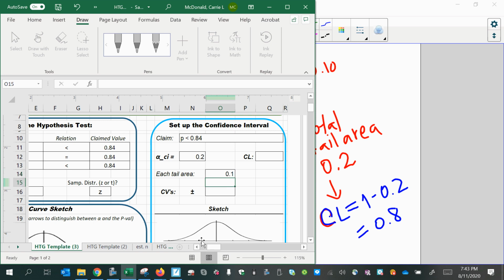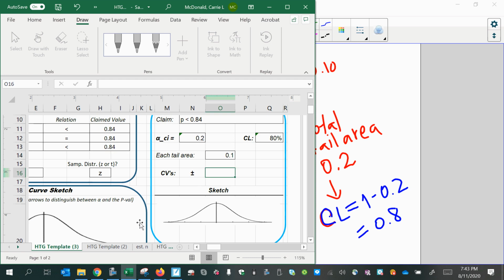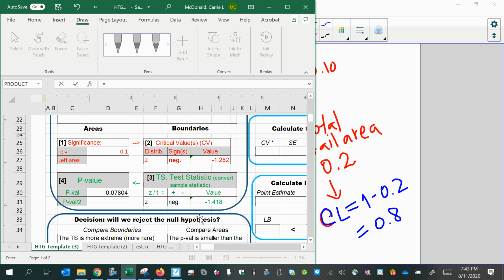And that's why the alpha is twice that much. And the confidence level is 1 minus the alpha. And the critical value is the same as the critical value from our hypothesis test.